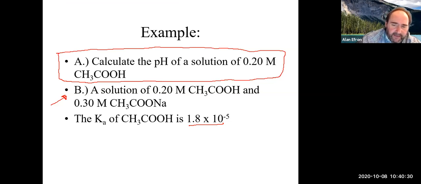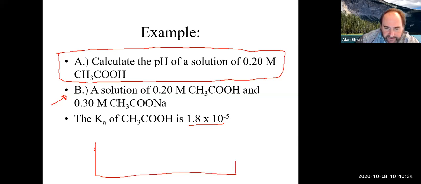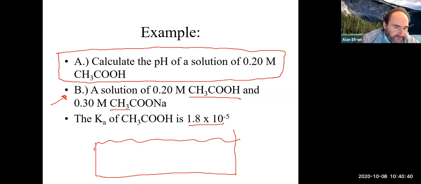So again, kind of back to that drawing I did previously. When we dump both of those things into this solution, it is only the acetic acid that will set up that equilibrium. Again, it's a weak acid, so it is only that acetic acid that will be able to set up that equilibrium.